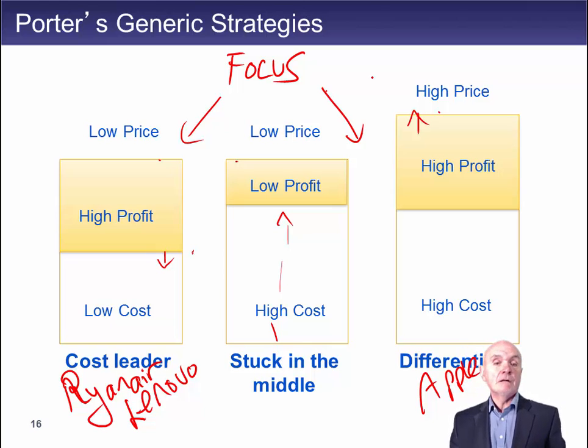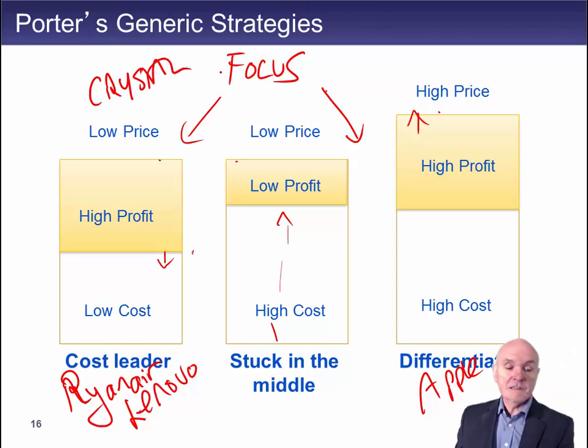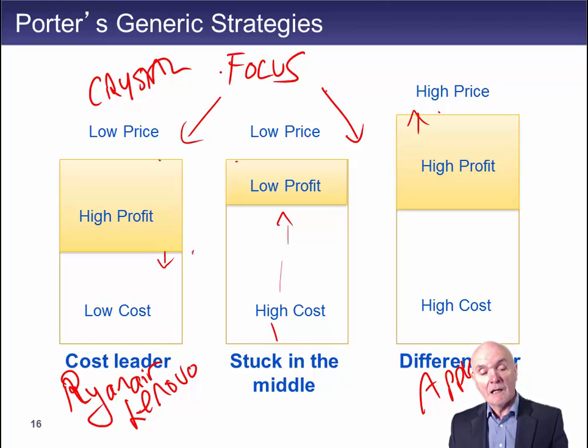An example of a focus type of supplier you get in the holiday companies. We have a holiday company in the UK called Crystal. And Crystal focuses just on skiing holidays. They tend to be relatively high price anyway, simply because of all the lift passes and equipment and things which are needed.